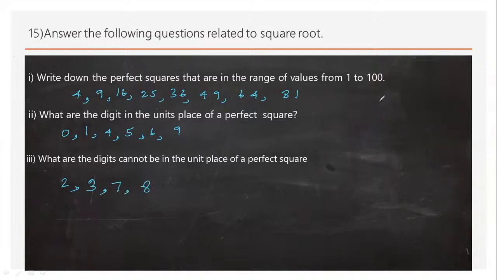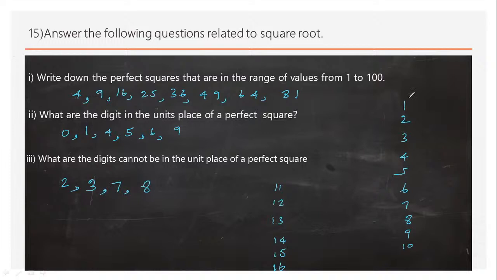I will explain a little bit more. Now look at numbers like this: 1, 2, 3, 4, 5, 6, 7, 8, 9, 10, 11, 12, 13, 14, 15, 16. Now look at these numbers.